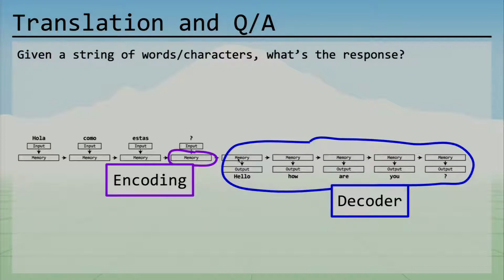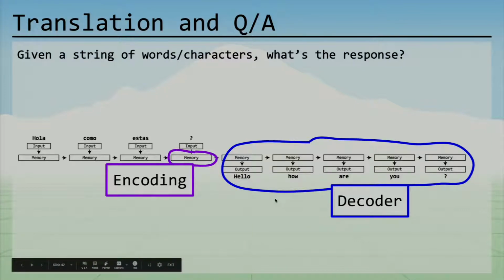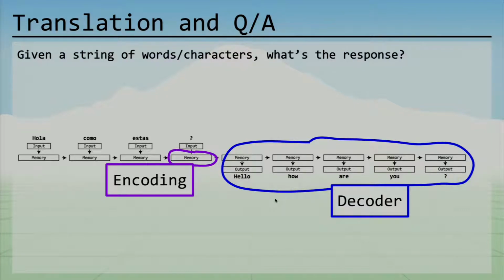You would feed that into potentially a different GRU or potentially the same weights and network, and then check what the output was and use this decoder to produce some output, and then backpropagate the gradient all the way through this network and update your weights and keep going from there. So if you were doing something like translation or question answering, this is a standard network architecture that you could imagine using.